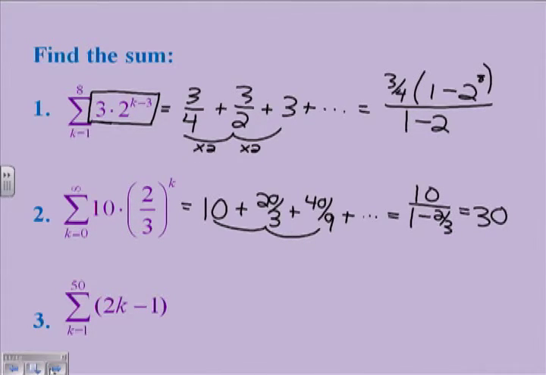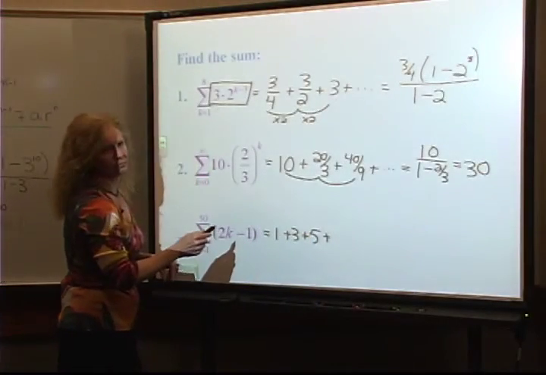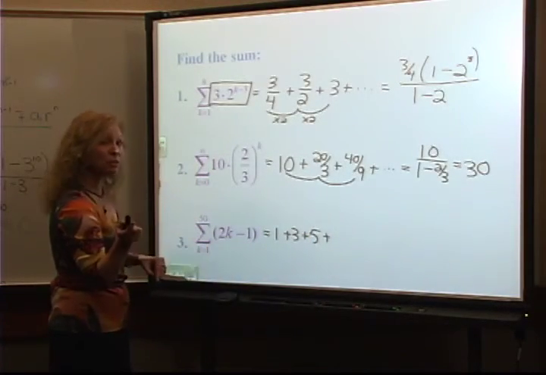Okay? Now for this last one, let's write out a few. Put in a 1 and I get 1. Put in a 2, I get 3. Put in a 3, I get 5. Is that geometric? Well, I'd multiply by 3. Is it arithmetic?